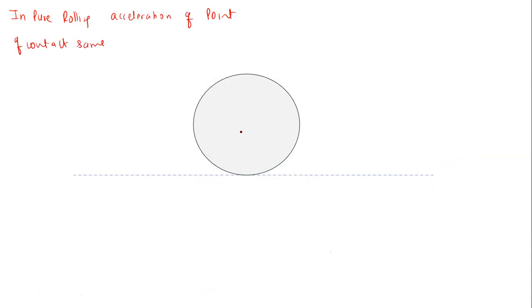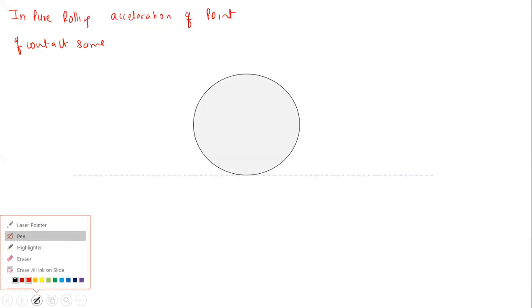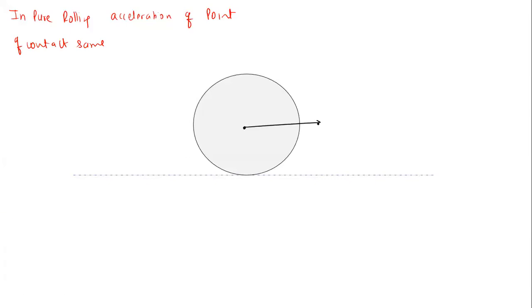Let us suppose we have a body that is moving with an acceleration a. It is rotating with angular acceleration alpha and angular velocity omega. The radius of this body is r. Now when you talk about pure rolling, the acceleration of the point of contact should be 0 when the surface is stationary.